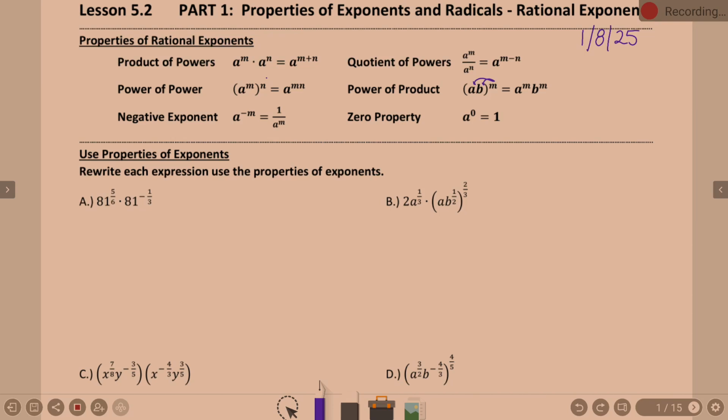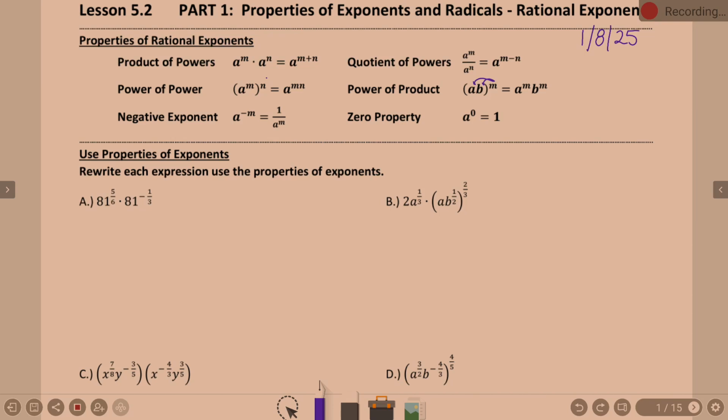So we're going to use these properties and work through these problems. Let's look at A: 81 to the 5/6 times 81 to the negative 1/3. The bases are the same. We're being told to multiply, so the shortcut is we're going to add the exponents.